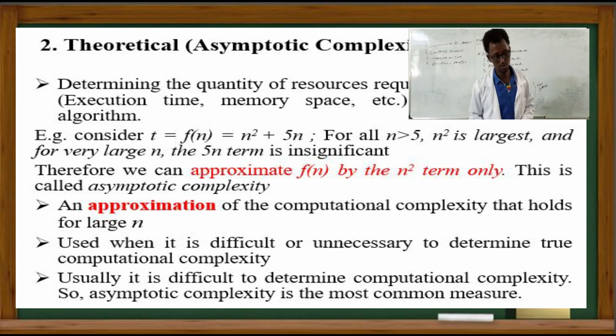Therefore, it is an approximation of the computational complexity that holds for large n, that is, when the value of n becomes larger and larger, since it is usually difficult to determine exact computational complexities. So asymptotic complexity is the most common measure of time in algorithm analysis.